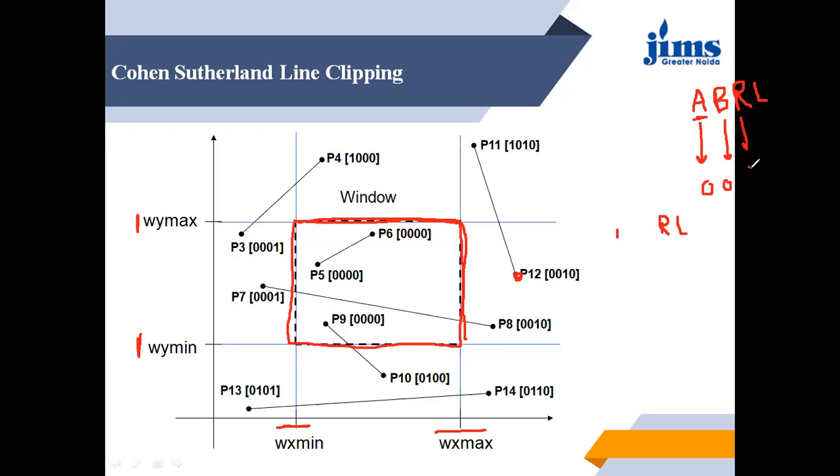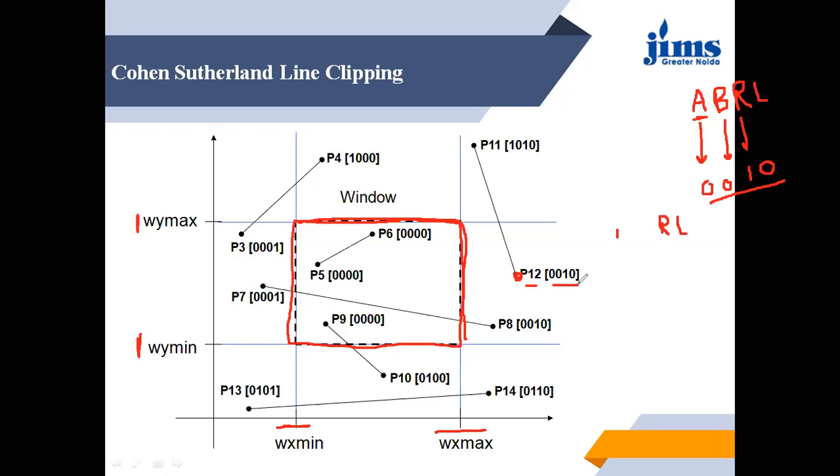And as we will compare P12 from the window, then it is not in the left as it is in the right. So the bit value of left will also be 0. So this is the region code of P12, that is 0010.